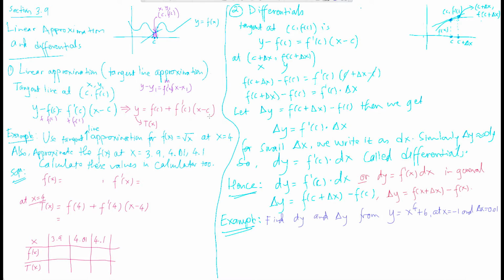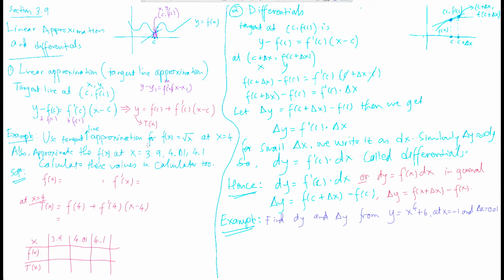We denote this by T(x) because this is the equation of the tangent line, right? So y is basically f(x), a function of x, but here what we write is T(x), just to note that this is the equation of the tangent line, okay? The value of c will be given to you, that is x equals c, and you just plug in the values there.